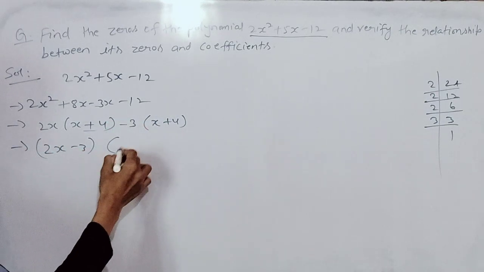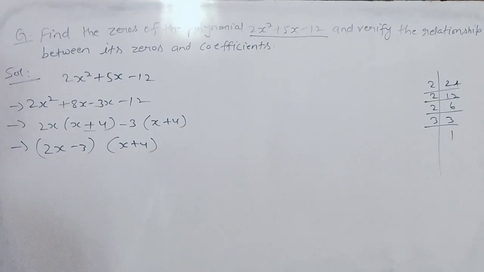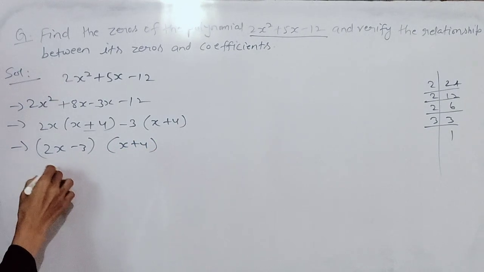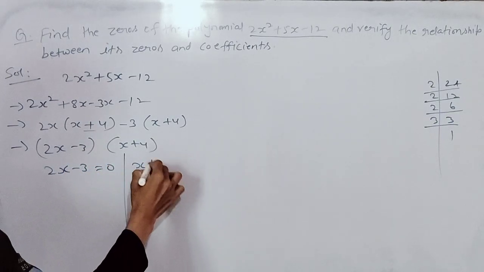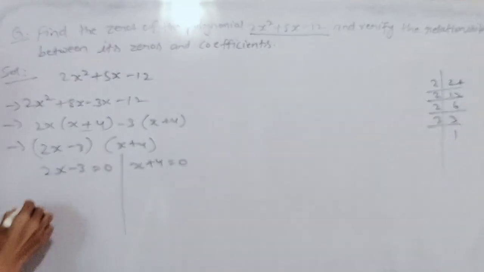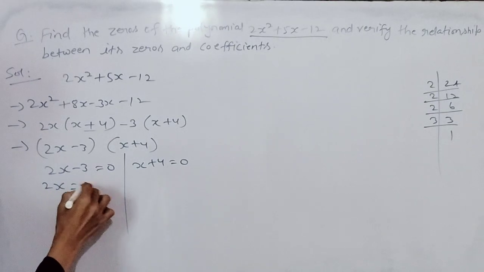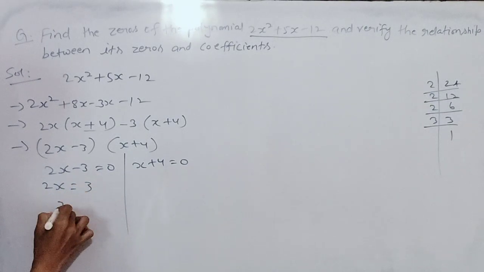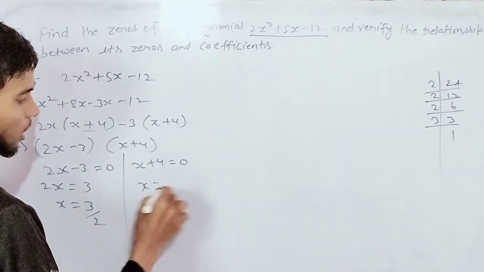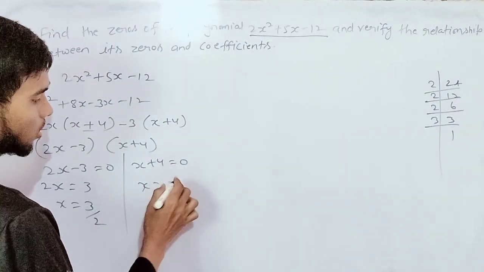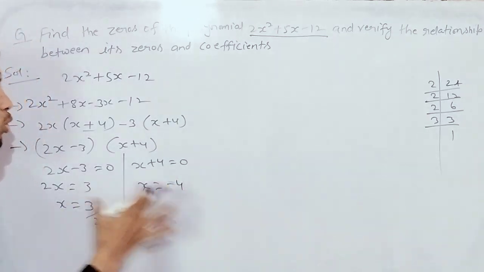As you know, we are taking this as a common. From this we find it is equal to 0. 2x minus 3 equals 0, so x comes as 3 upon 2, and here x will come as minus 4. These are two zeros.